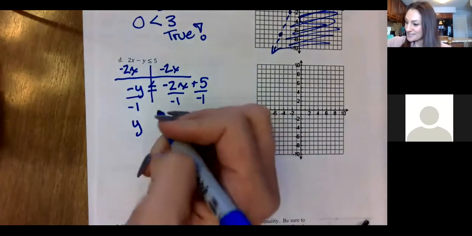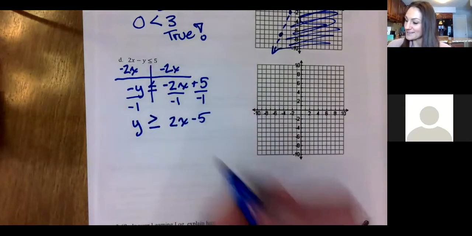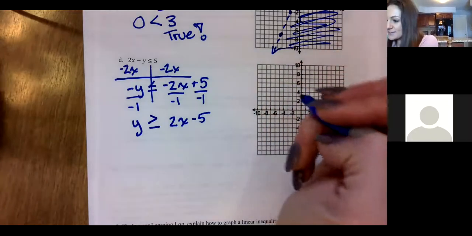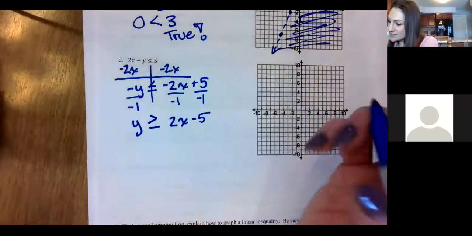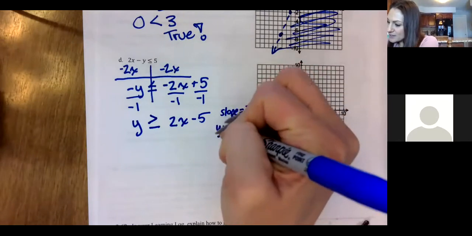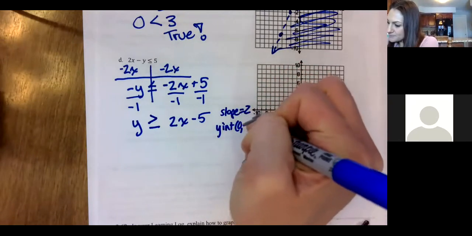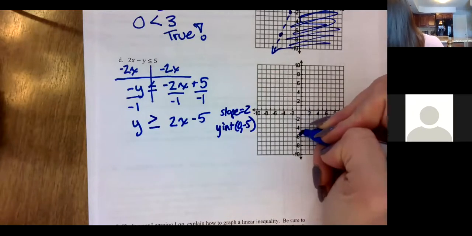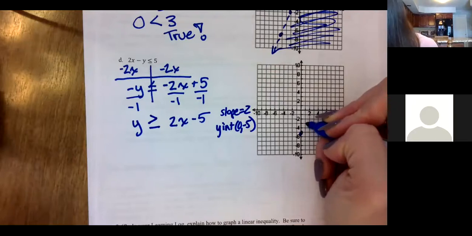I also have to flip the sign. Excellent. Okay, now it looks good. I can go ahead and do the steps like I've done on the other ones. So first thing is I'm going to identify the slope and the y-intercept. So 0, negative 5, up to right 1.